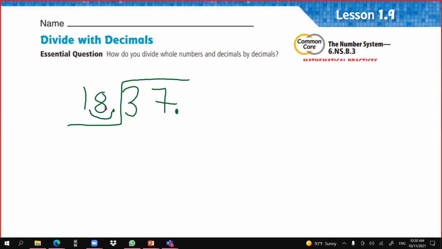I will repeat. If you move the decimal point one digit in the divisor, you must move it one digit in the dividend too. Teacher, why from the beginning did we move the decimal point?